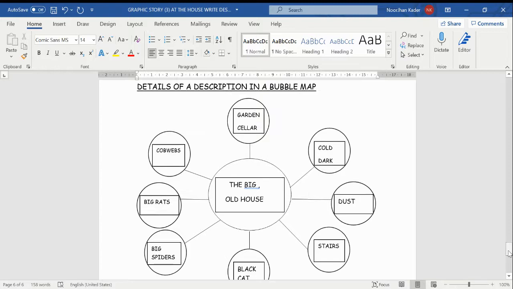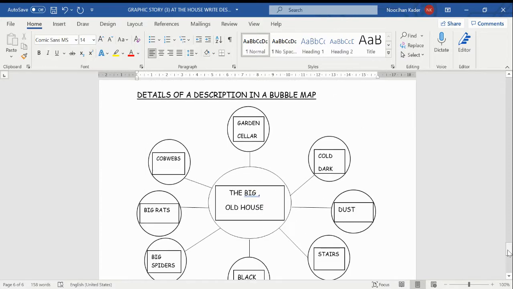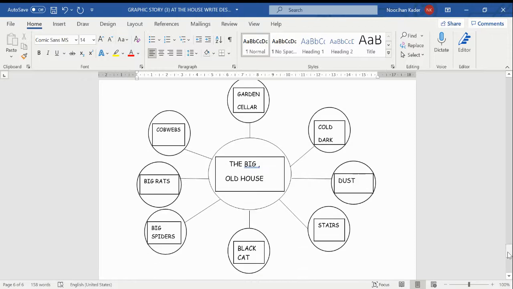So this is the details of the description of the big old house in a bubble map. From the graphic story, we're talking about the big old house, and we know where the story takes place: first in the garden, then later the cellar. How does the cellar look? It's cold and dark. And what does Misty find there?